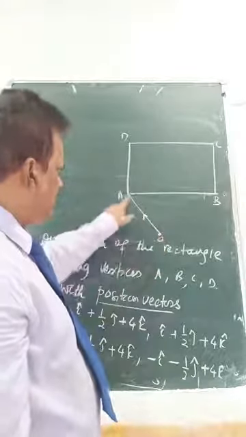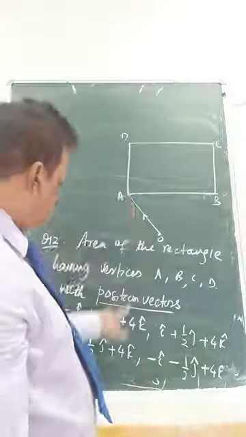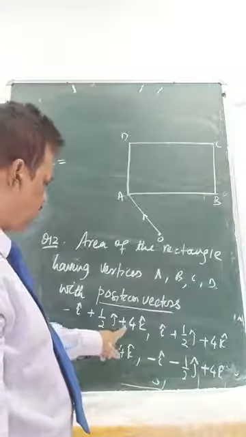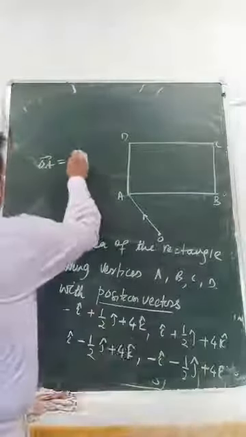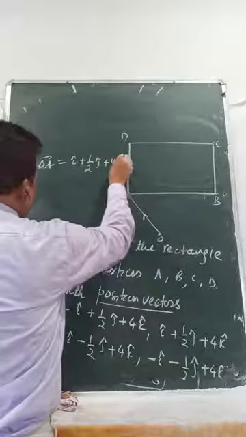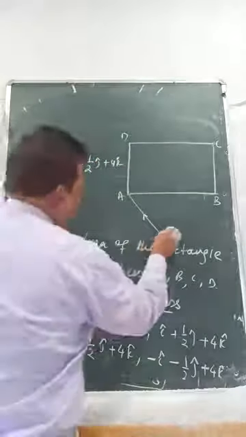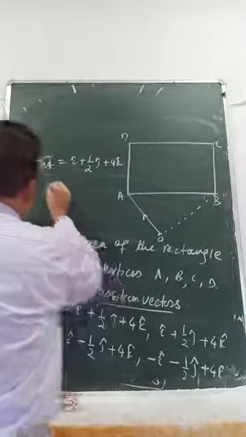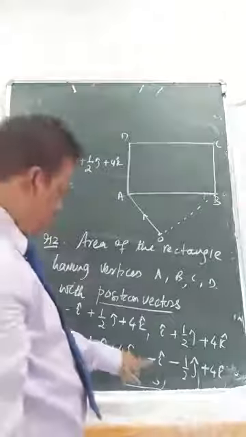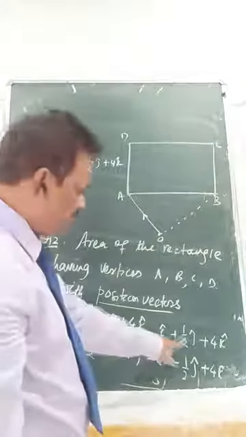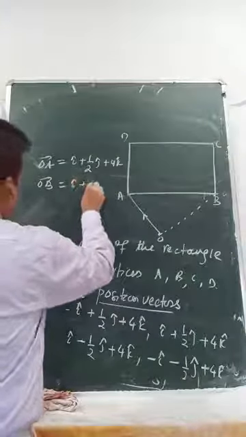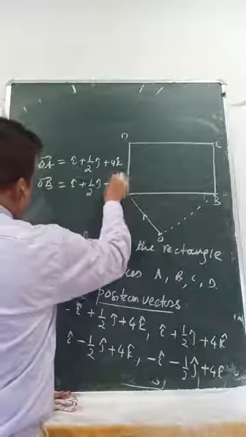Similarly, if you join it to B, the vector OB will be as given.